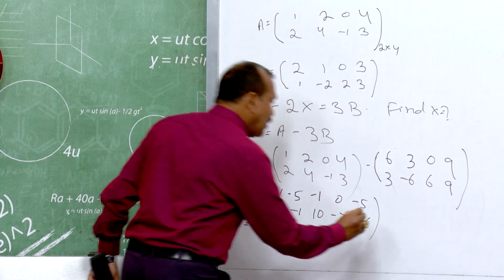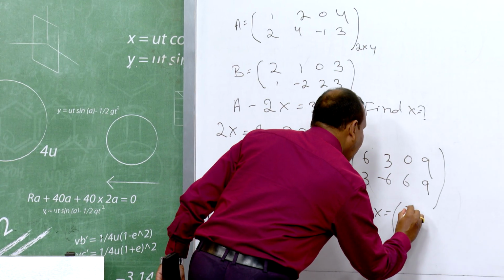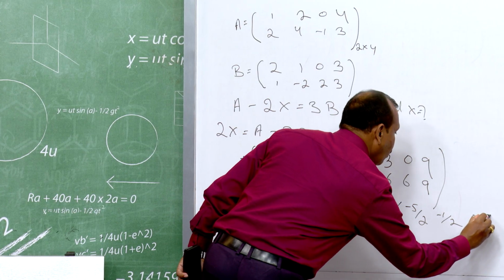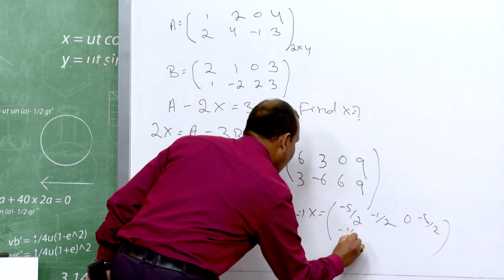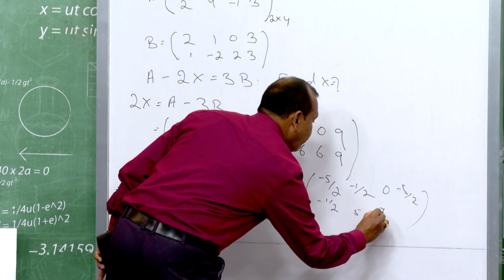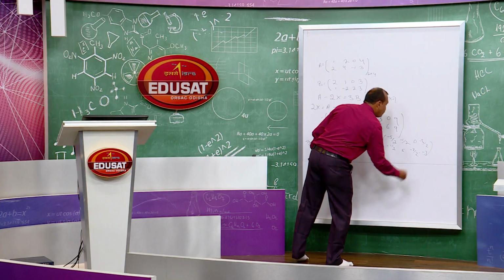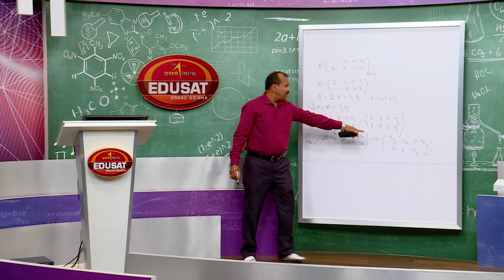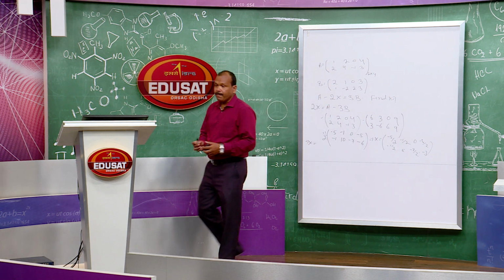This implies that X becomes minus 5 by 2, minus half, 0, minus 5 by 2, minus 1 by 2, 5, minus 7 by 2, and minus 3. This is the X matrix, which is also a 2 cross 4 matrix.